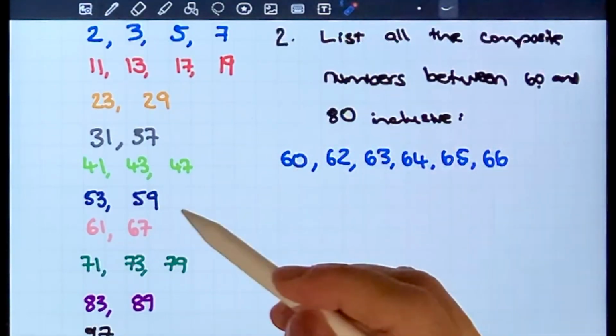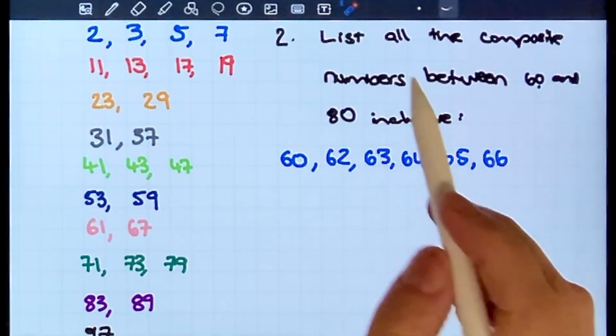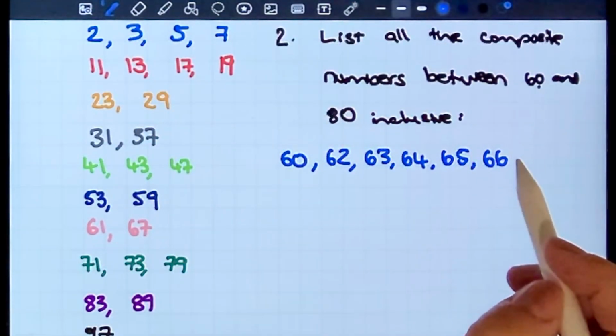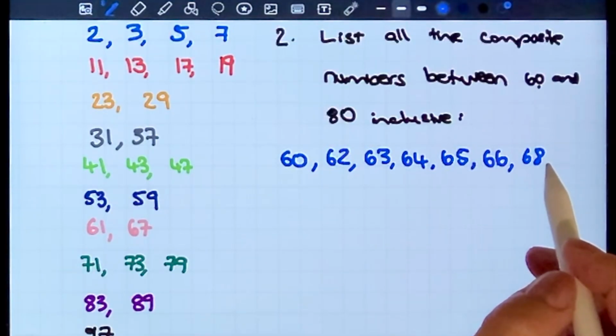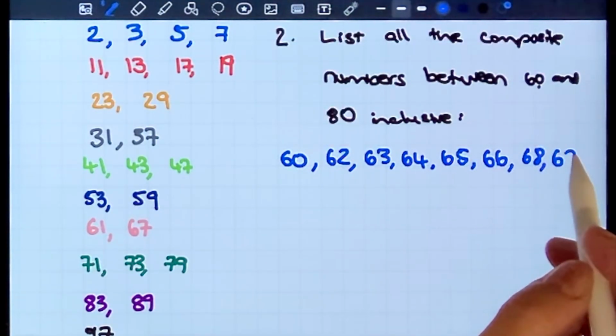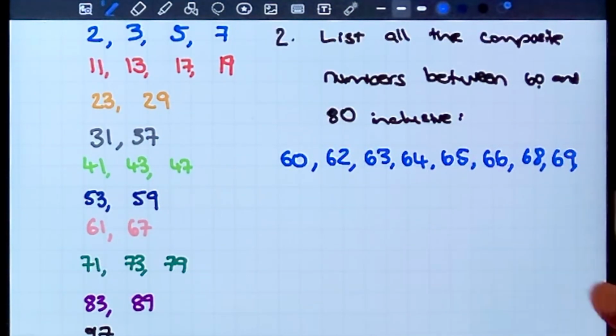Now 67 is a prime number, so I'm going to leave that out. 68 is an even number, so it's composite.